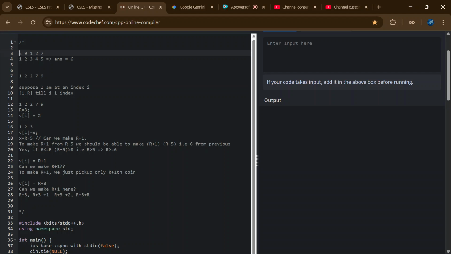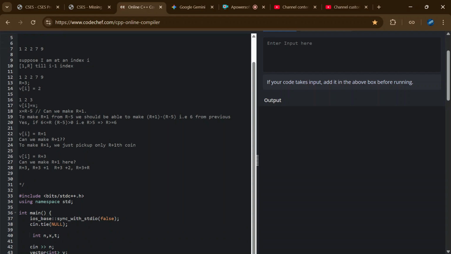And what was our statement? At index I we have to know that we can make a sum of 1 to some number r. So that's why we need sorting.